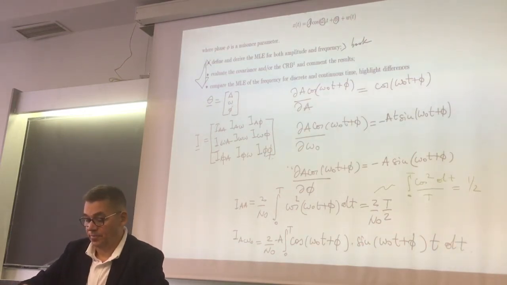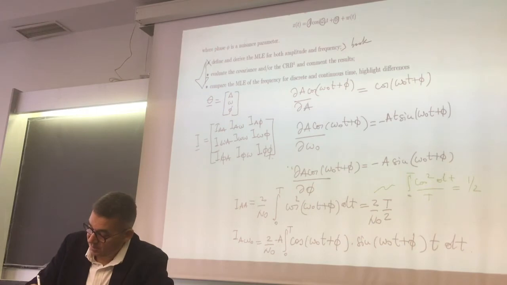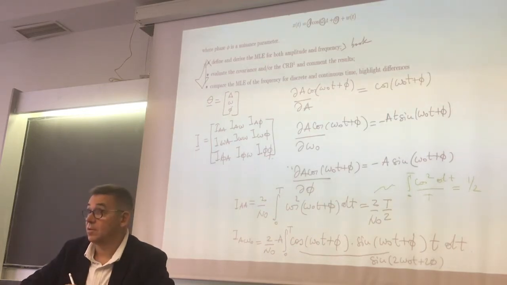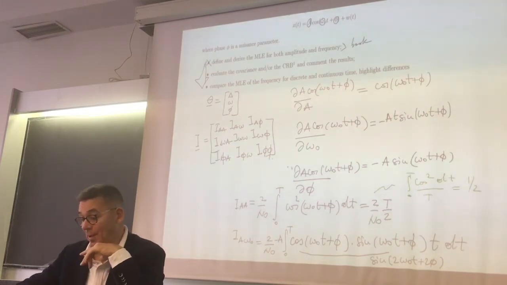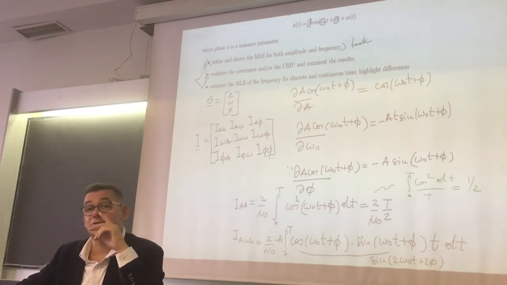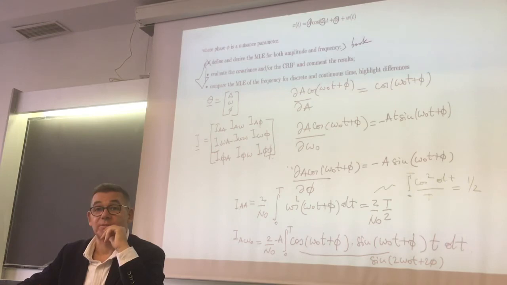Okay, now, what is this? This is sine of 2 times omega 0 t plus 2 phi. Okay. Then I have the integral of t multiplied by sine of 2 omega 0 t, and this is equal to 0.